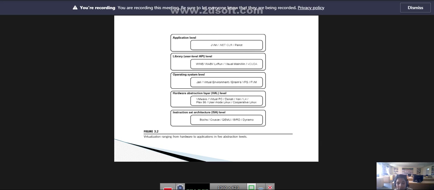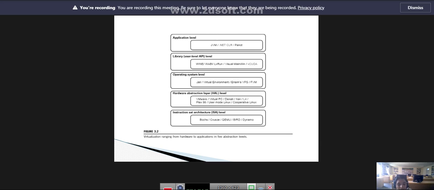Next, virtualization support at the operating system level. Hardware level virtualization is slow in initializing the virtual machine because each virtual machine creates its own image from scratch, and storage of such images is also slow.